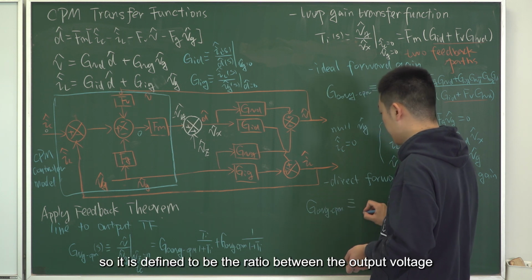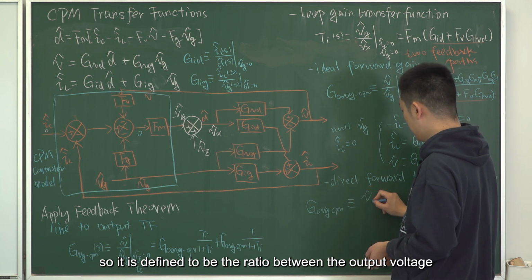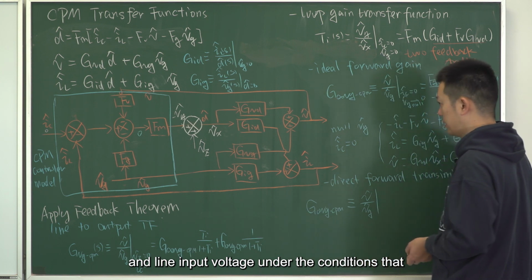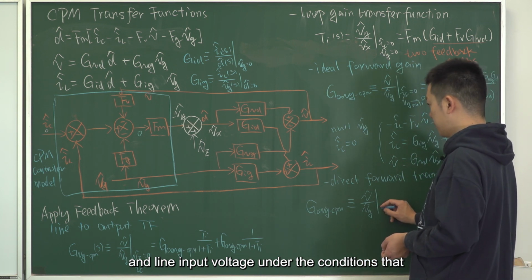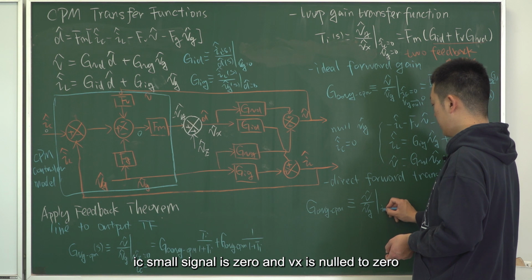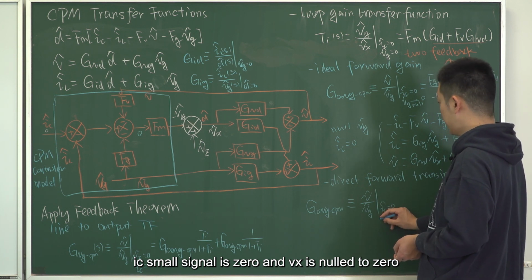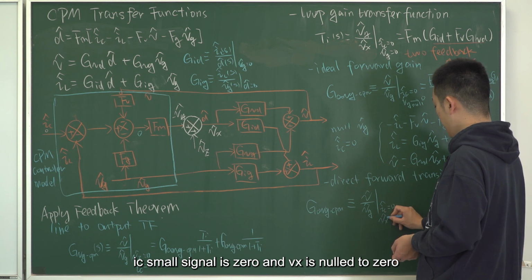It is defined to be the ratio between the output voltage and the line input voltage under the conditions that IC small signal is 0, and Vx is not 0.